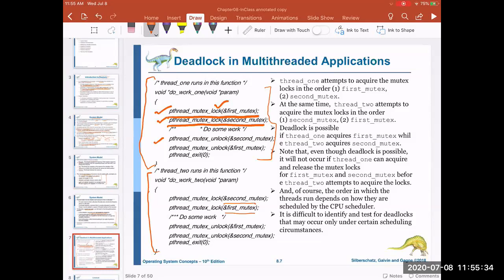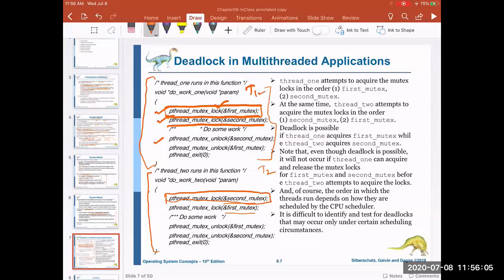If they try to execute concurrently and at the same time, the first thread, let us suppose this is T1, has acquired the first mutex. And after this is done, the other thread executes in parallel, and it executes this statement. So what does it mean?